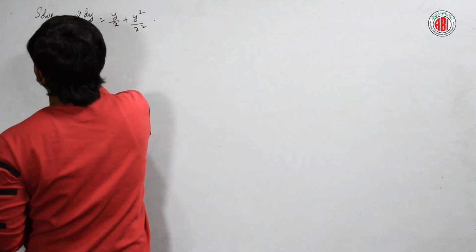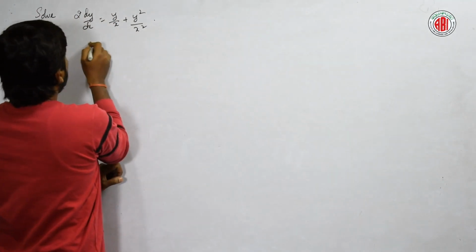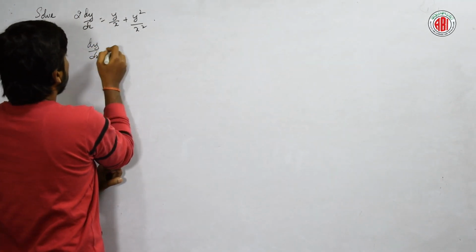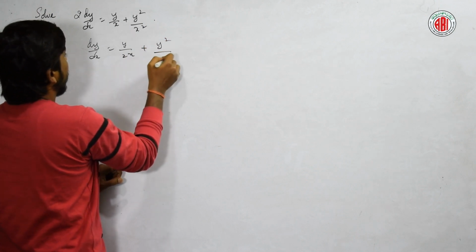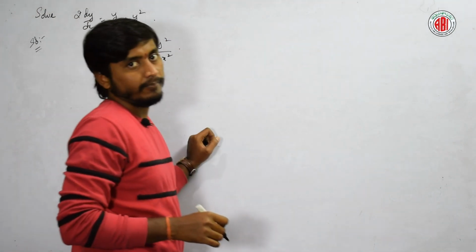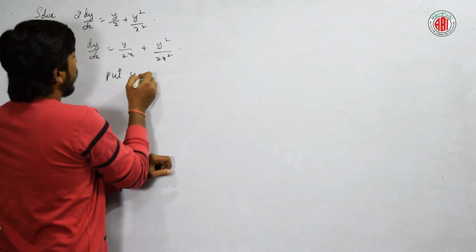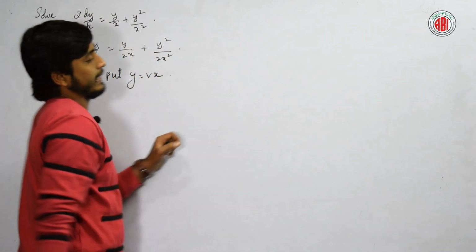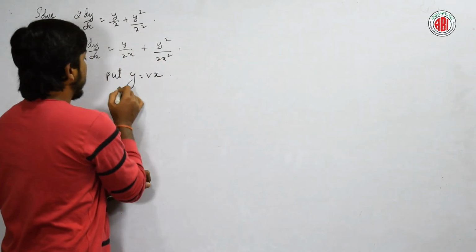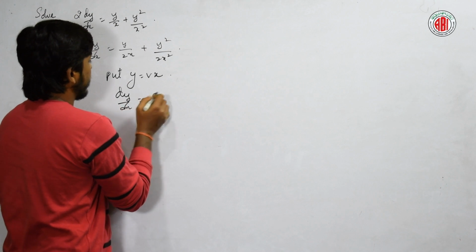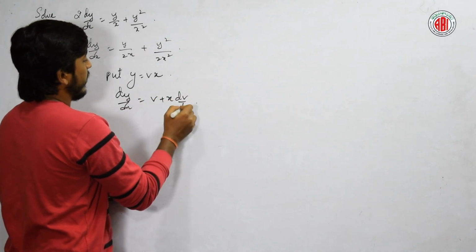So it is already in the form of, or else let me write this also, dy by dx is equal to y by 2x plus y square by 2x square. Okay, now put y equal to vx. So what do we get? Here dy by dx is equal to v plus x dv by dx.